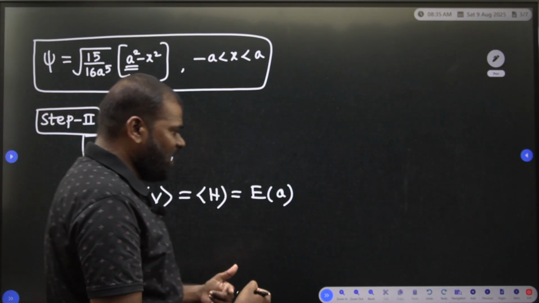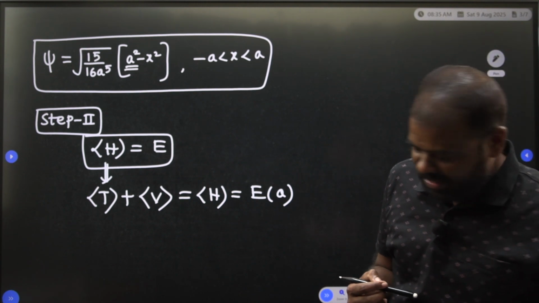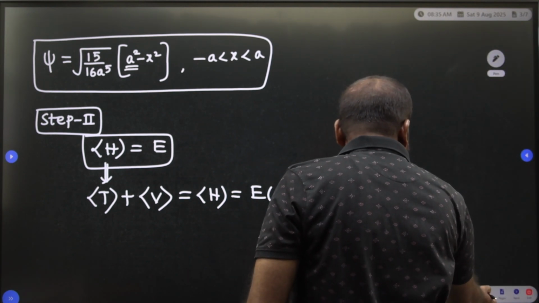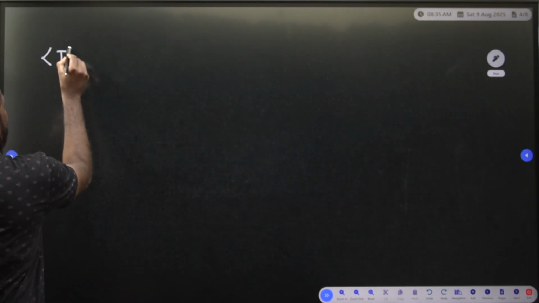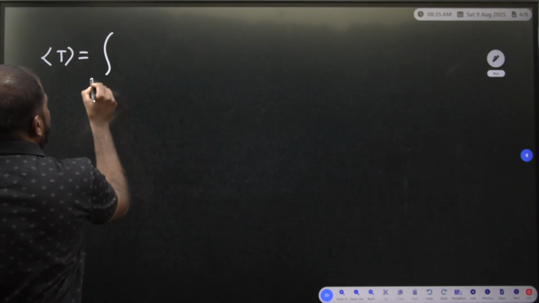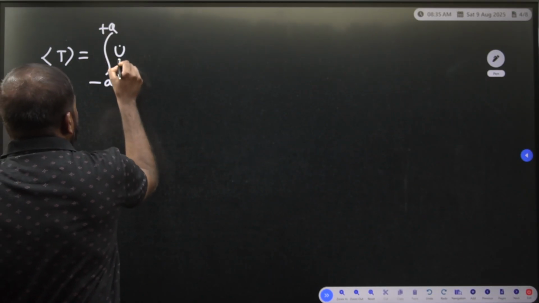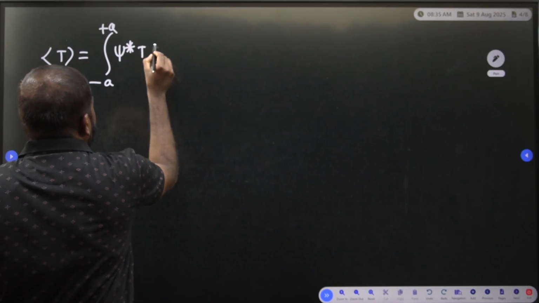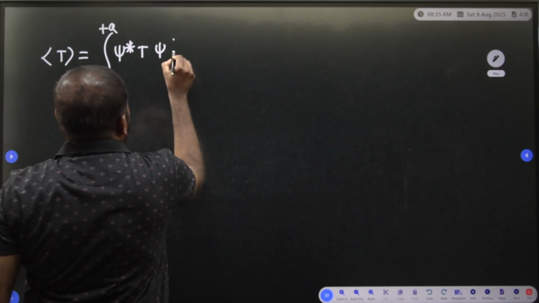First, we need to calculate the expectation value of kinetic energy. So, what is the kinetic energy operator? You know that the expectation value of kinetic energy is equal to the integral from minus a to plus a of psi conjugate into the kinetic energy operator into psi into dx.